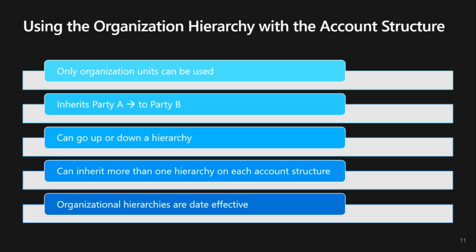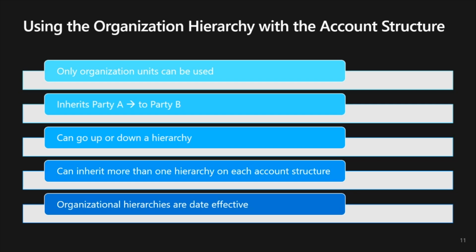When thinking about using the organization hierarchy with your account structure, you will select a relationship from party A to party B, where party A and party B are, for example, business units and departments.